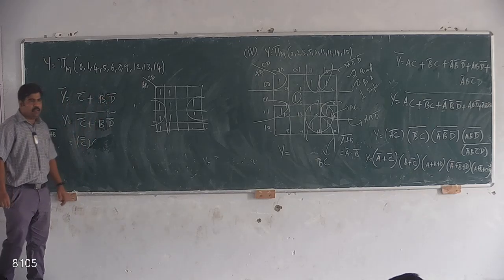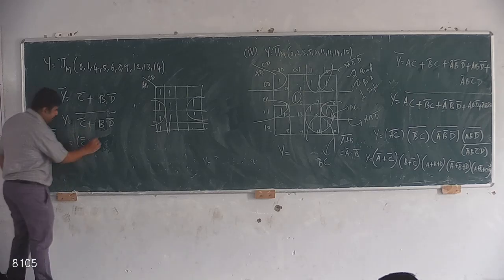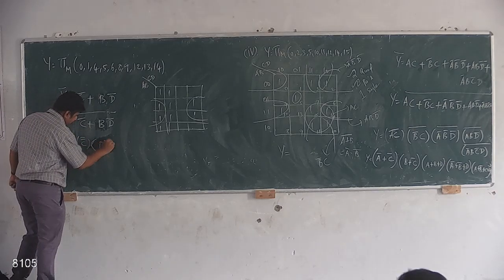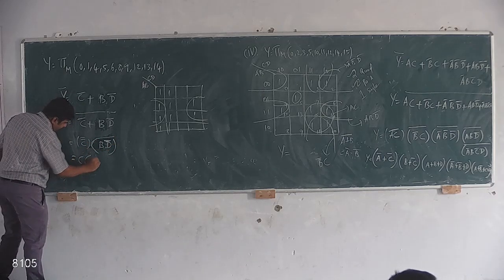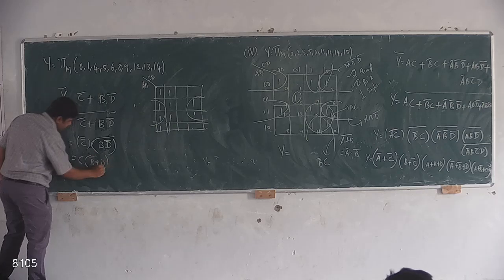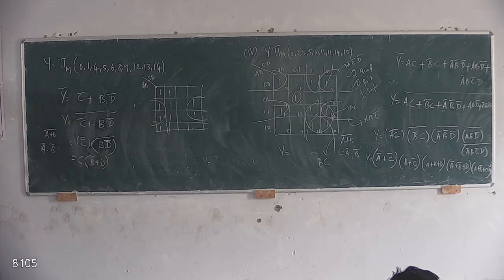So listen carefully. So once again we need to apply De Morgan's law. So the answer will be C into B bar plus D. C into B bar plus D is the answer. Check the question bank.